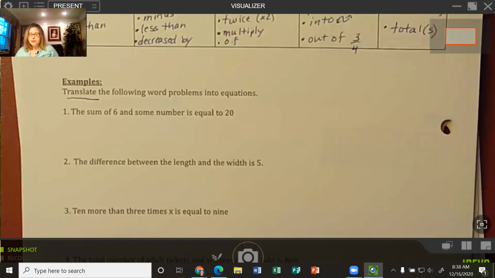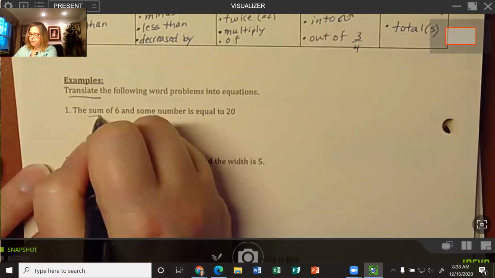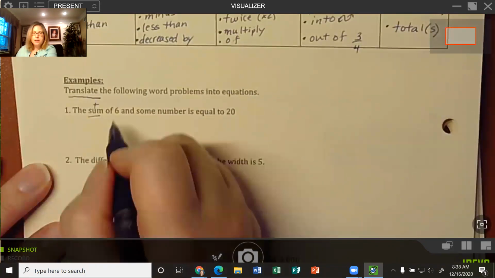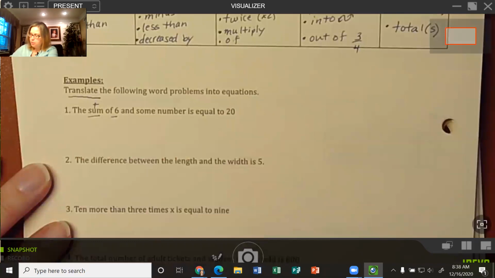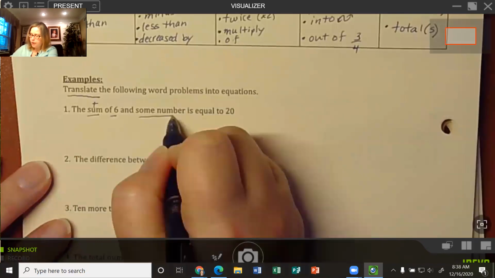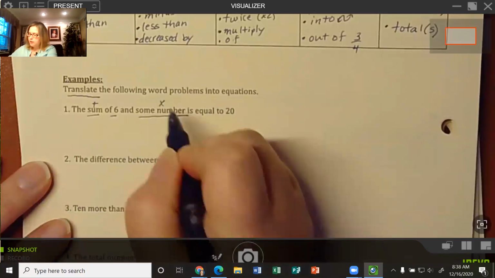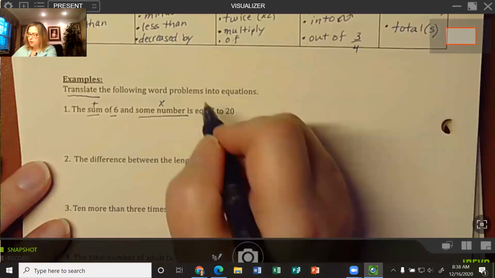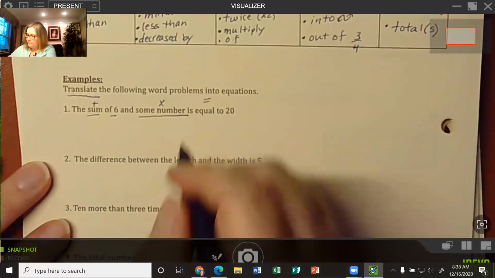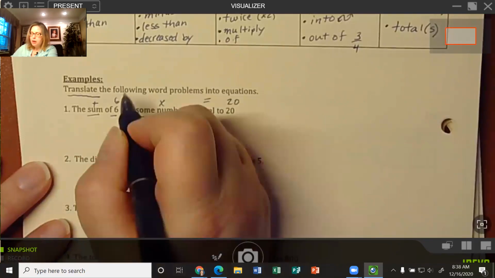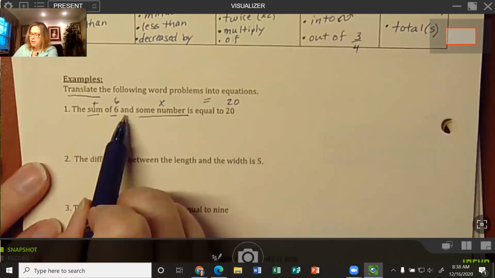The sum of 6 and some number is equal to 20. So when we see the word sum, we know we're adding. So 6 is obviously the number 6. Some number, we don't know what that is, so we can call that x or n, is equal to, and then 20. Okay, so the sum of 6 and some number is equal to 20.